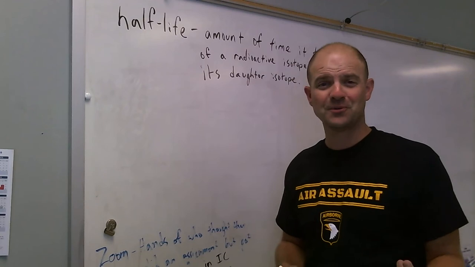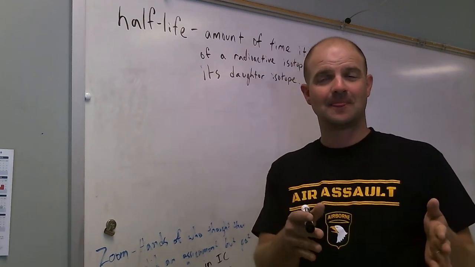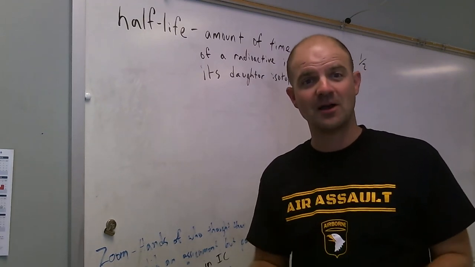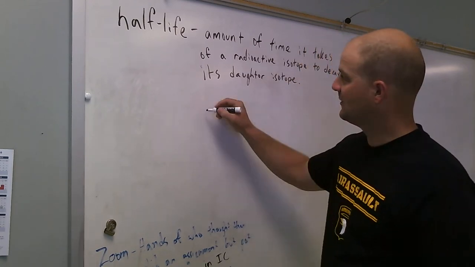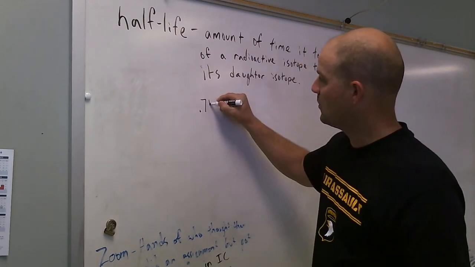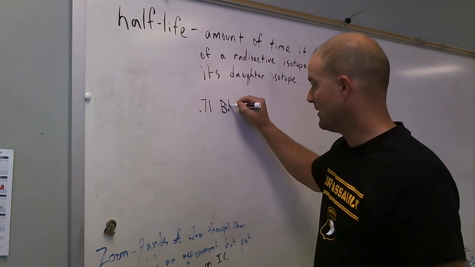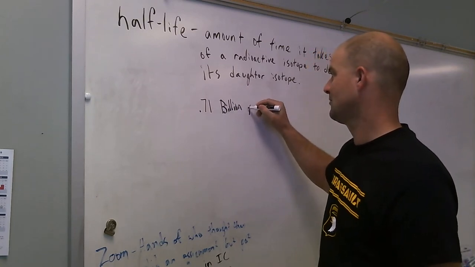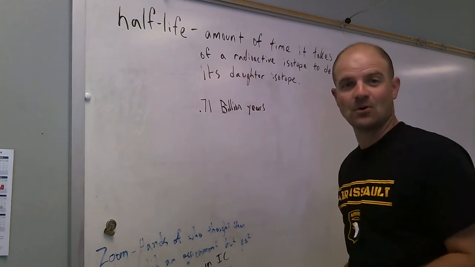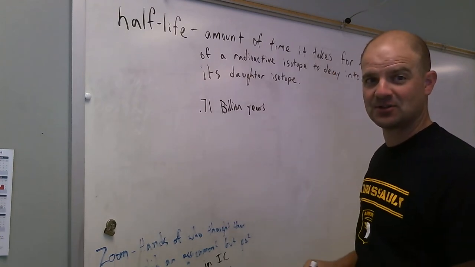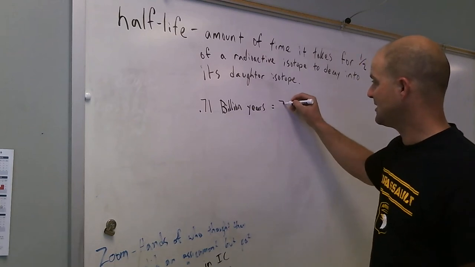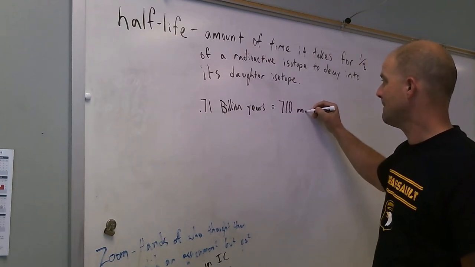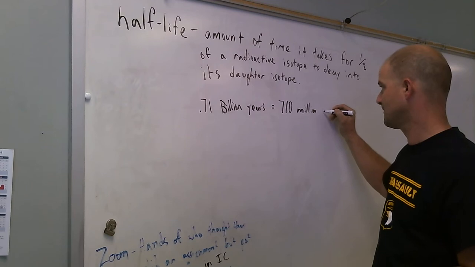There's actually more than one radioactive version or isotope of uranium to lead, but the one I'm talking about, the half-life is 0.71 billion years. Or you might see it in some texts, just moving the decimal here, that's equal to 710 million years.